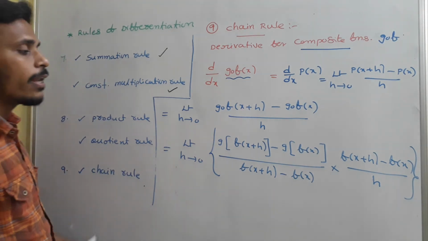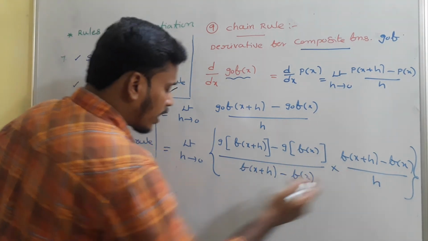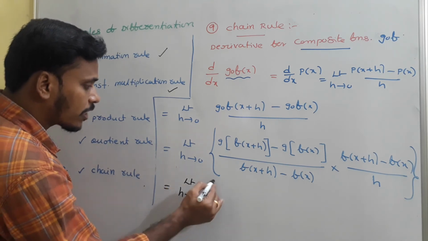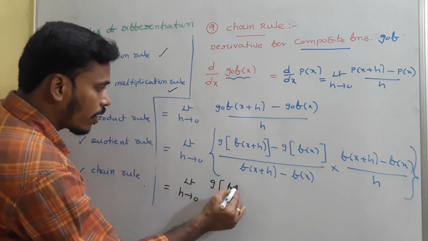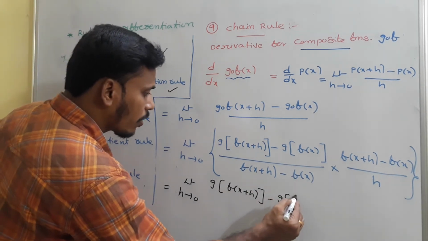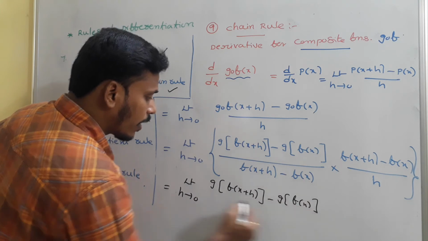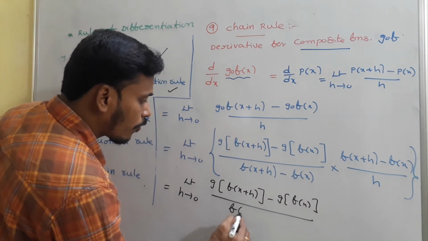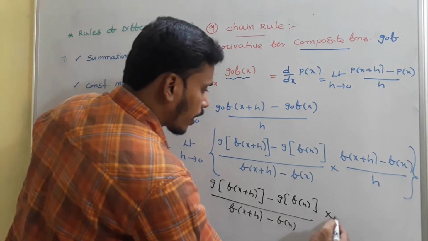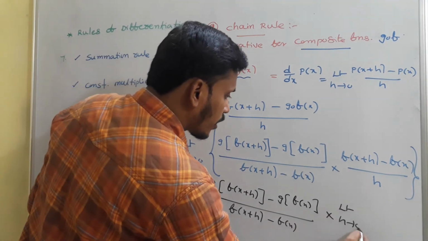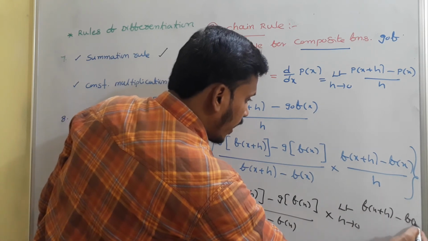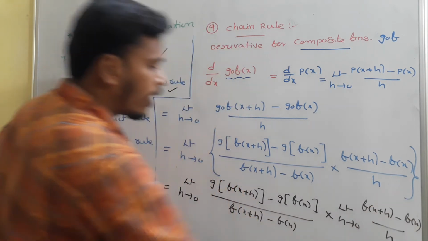Just simply apply the limit for this fraction and for that also. So this is nothing but limit h tends to 0, g of f of x plus h minus g of f of x divided by f of x plus h minus f of x, into limit h tends to 0, f of x plus h minus f of x divided by h.